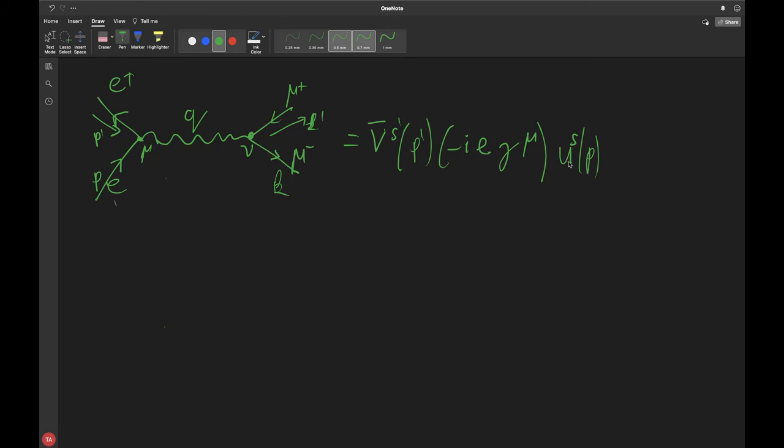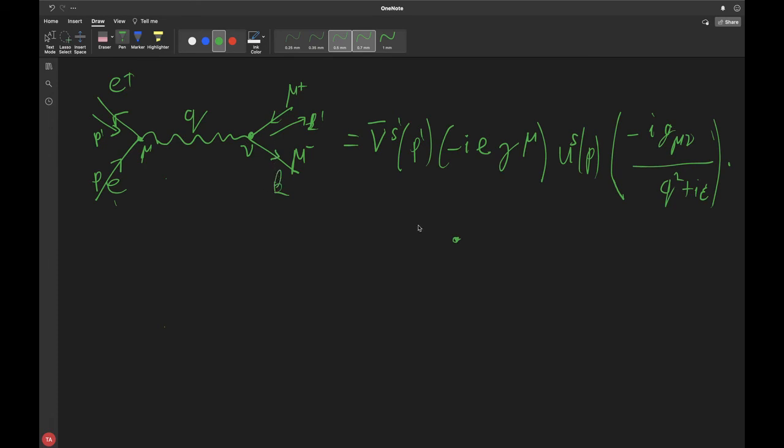and then we have the u s p, which is for the electron. It's a particle, so we use the u, and then we have the propagator for the photon. So that's i g mu nu. It connects the mu and nu vertices, and we have q squared plus i epsilon, and we multiply this with what we have on the right side.